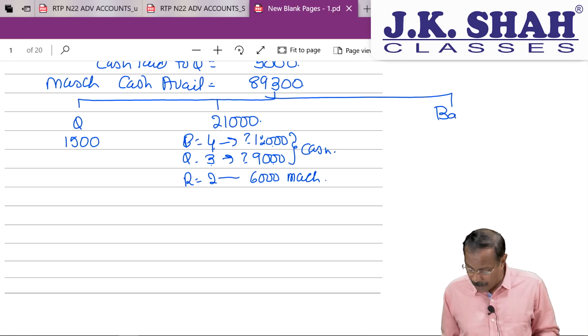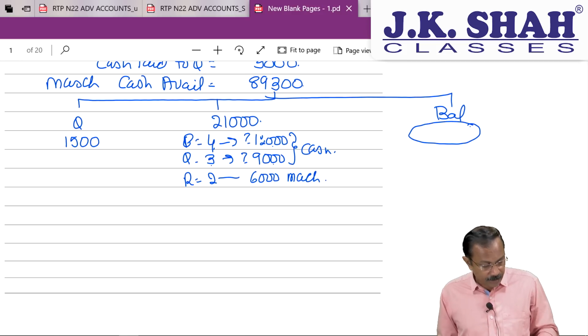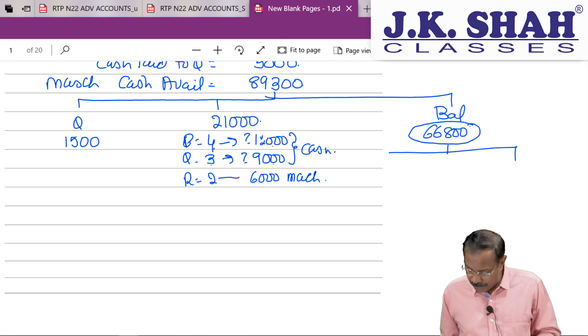Now what is the balance? And how do I get the balance? It is 89,300 minus 1,500 minus 21,000. That gives me the balance. And this you will divide between 3 people, P, Q and R. In which ratio?